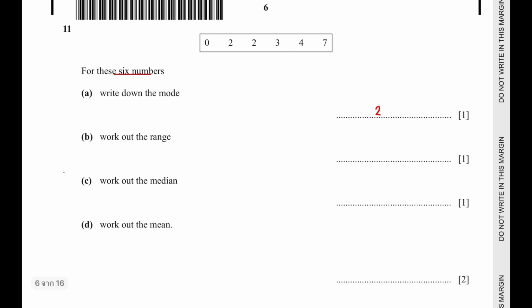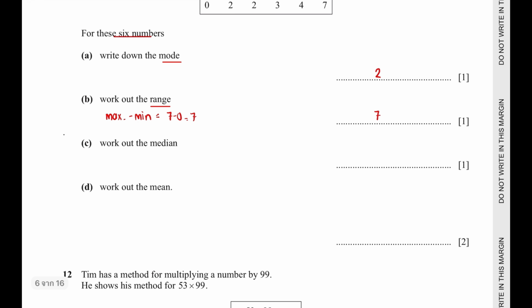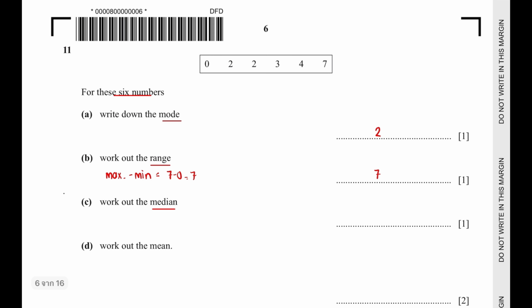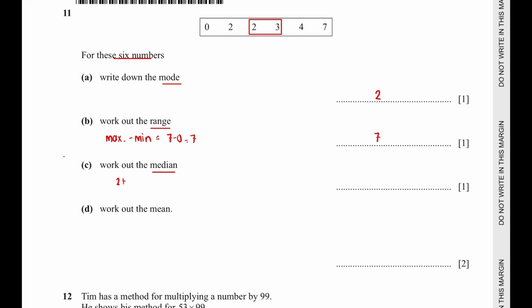Then work out the range. Range equal to maximum minus minimum. So it is equal to 7 minus 0, which is equal to 7. Then work out the median. In this case, the median will be between 2 and 3, so it is equal to 2 plus 3 divided by 2, which is equal to 2.5.